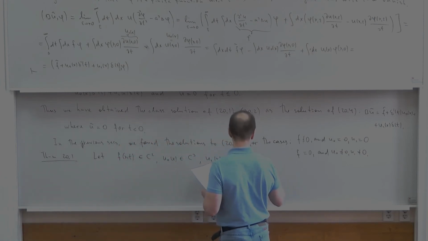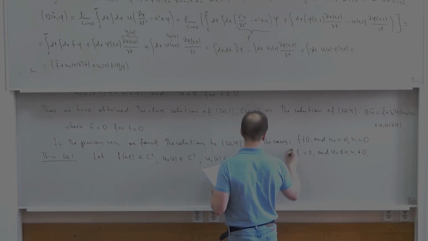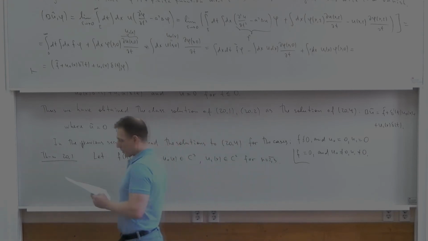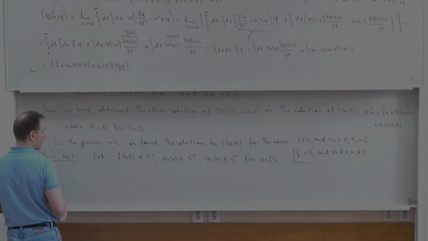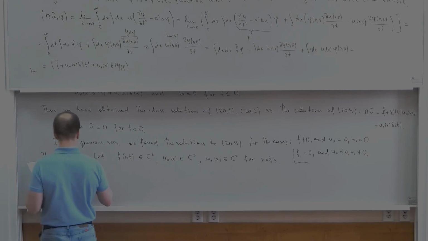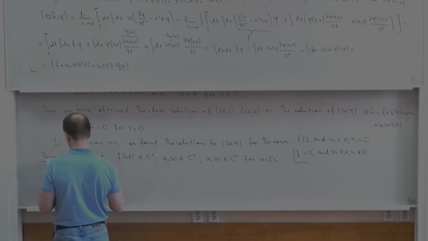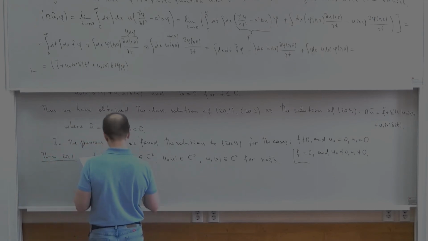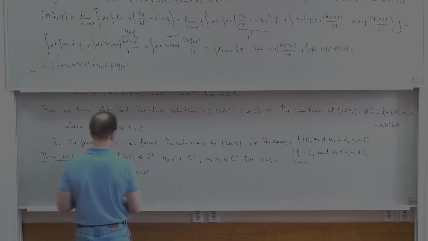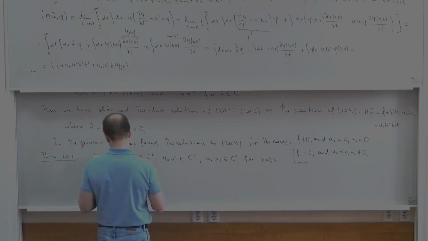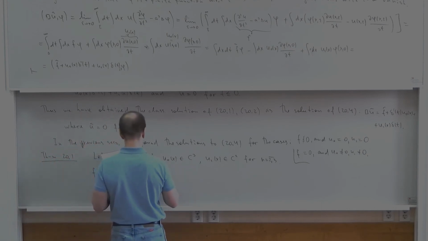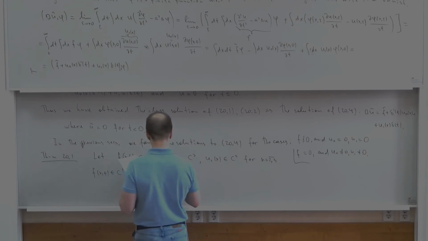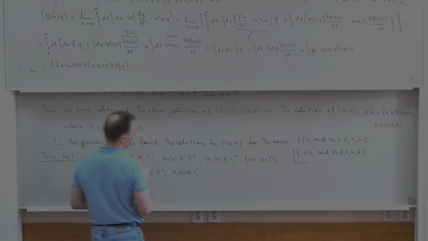This is for the cases when n is equal to 2 or 3. As for the case n is equal to 1, we suppose that f belongs to the class C1, u0 is from the class C2, u1 is from C1.